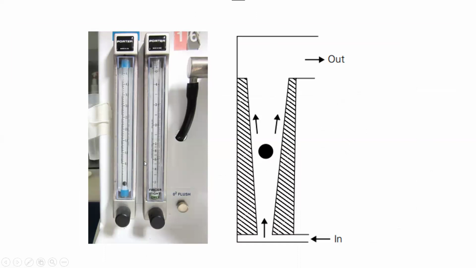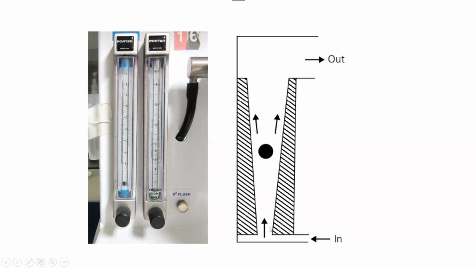See this diagram, you see over here, this is blue and this is green. So I guess the blue is used for oxygen and green is used for nitrogen gas. Each gas has a different flow meter. The inside of this flow meter is like this.